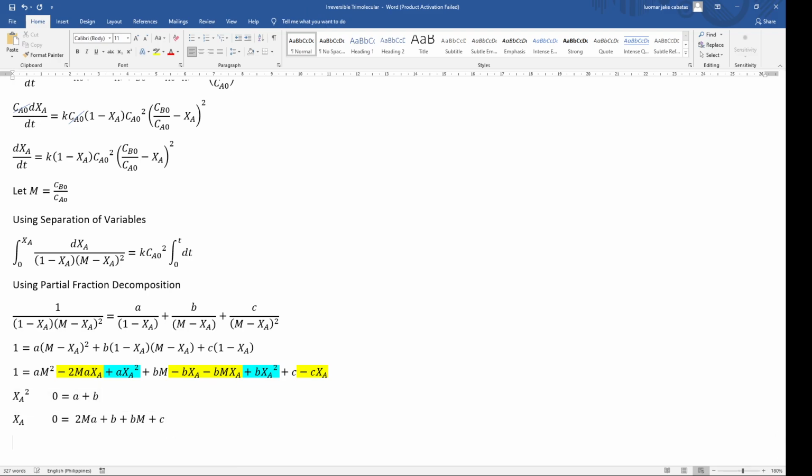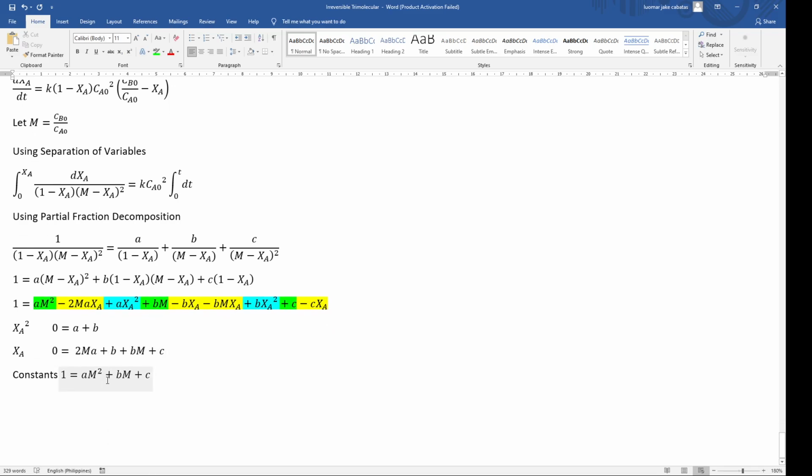And then for constants, it's not 0, it's 1 equals Am squared plus Bm plus C.